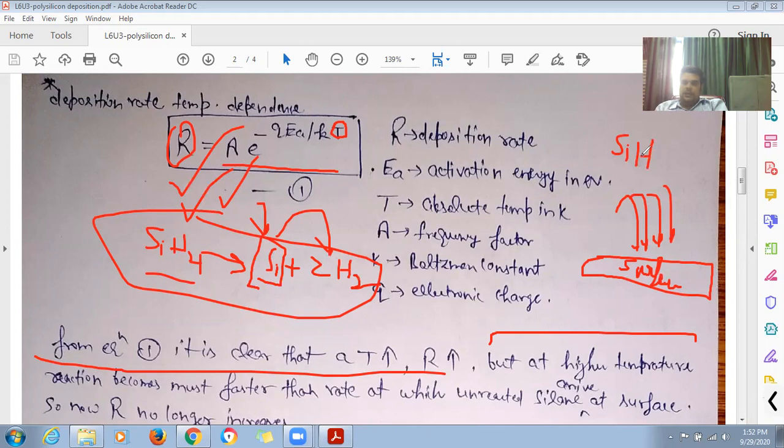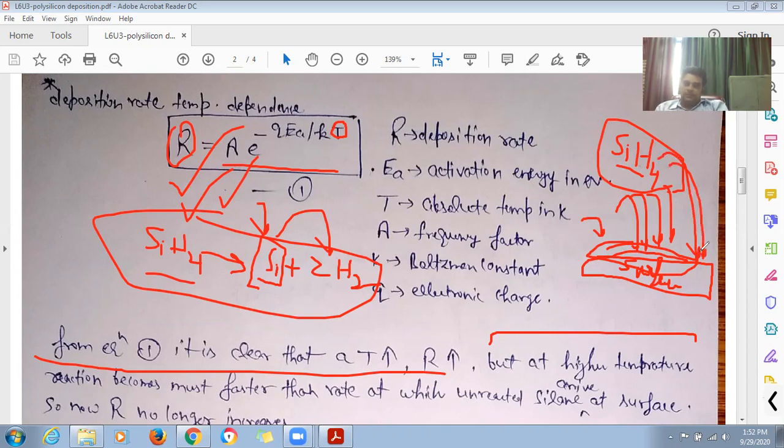The rate at which SiH4 is coming here is less than the reaction rate. Reaction is going very fast. So at the surface, SiH4 is consumed very fast, but the supply of SiH4 to the surface is not that fast.